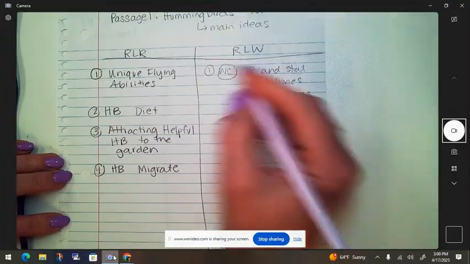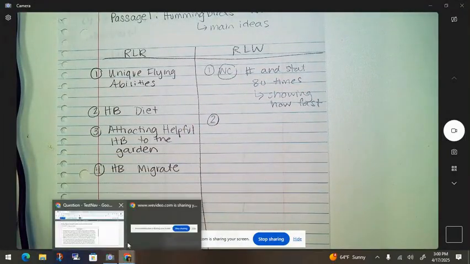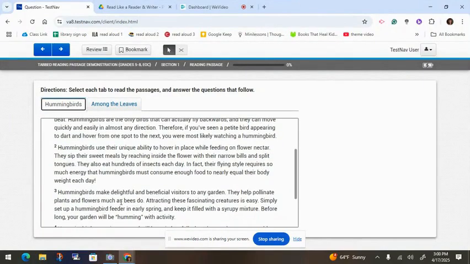Then in paragraph 2, I go back, I noticed another number and stat, because I remember this stuck out to me the first time I read it, that they consume enough food to nearly equal their body weight each day.